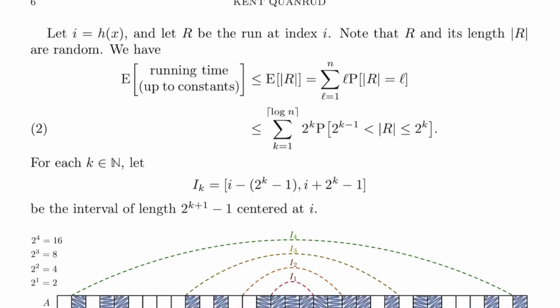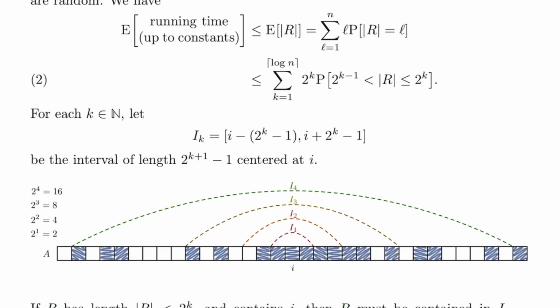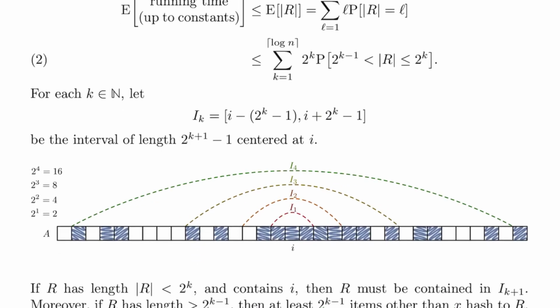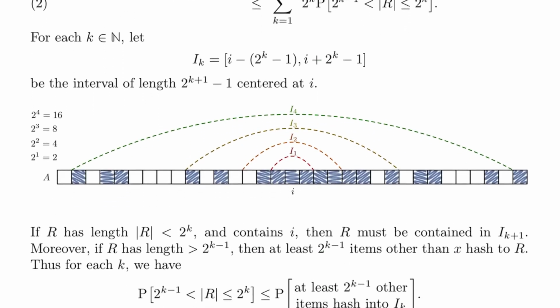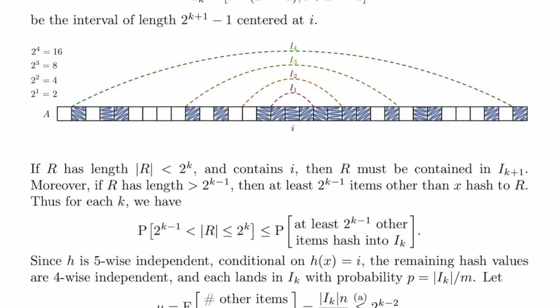For each natural number k, let I_k be the interval of length 2^(k+1) minus 1, centered at i, ranging from i minus 2^(k-1)... to i plus 2^(k-1). Here I've drawn the interval I_k for the first few values of k. If r has length less than 2^k and contains i, then r must be contained in the interval I_(k+1).